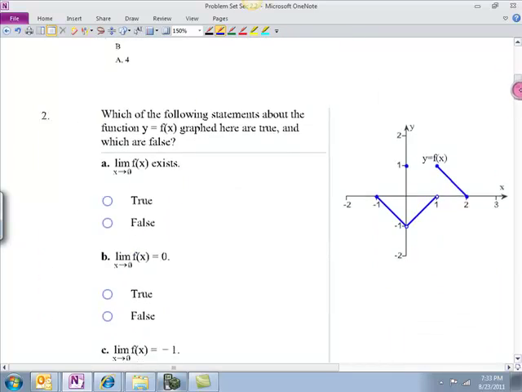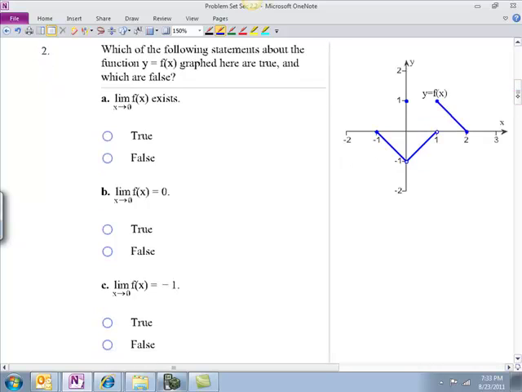All right, let's look at this graph. Which of the following statements are true and which are false? We have to be careful with these. The limit as x approaches 0 of f of x. As x approaches 0, does that exist? Does the limit exist? Okay, so that's true.